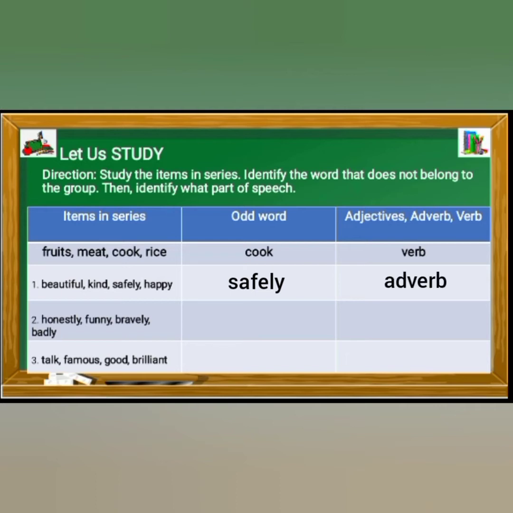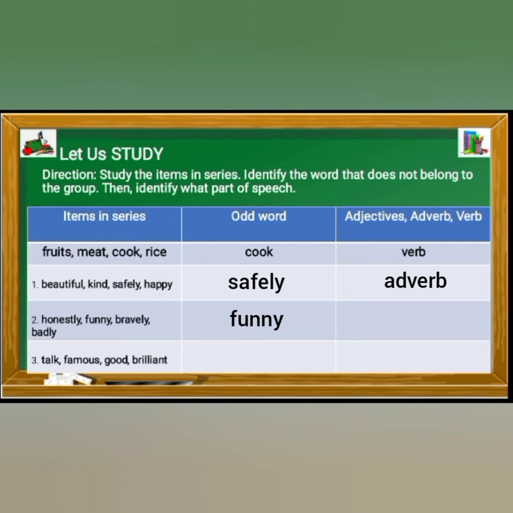Alright. Number 2. Items in series. We have honestly, funny, bravely, and badly. Now, what is the odd word? Of course, if your answer is funny, you're correct.